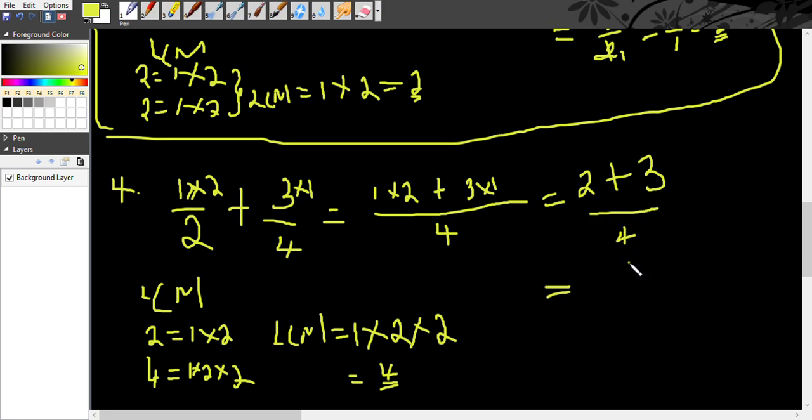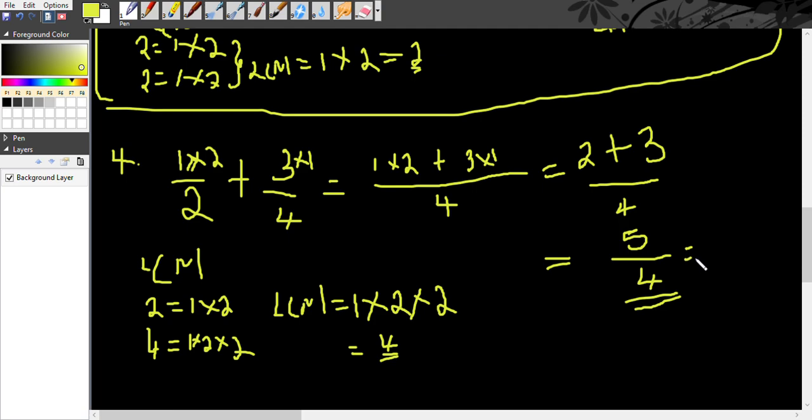So we can see we have an improper fraction. The sum of 2 and 3 gives us 5 over 4, we can't just leave it like that. We need to simplify. We cannot have a big head over a small body, so an improper fraction.